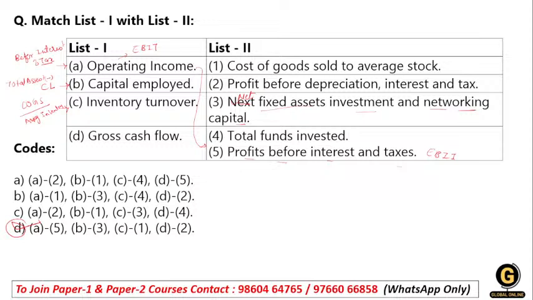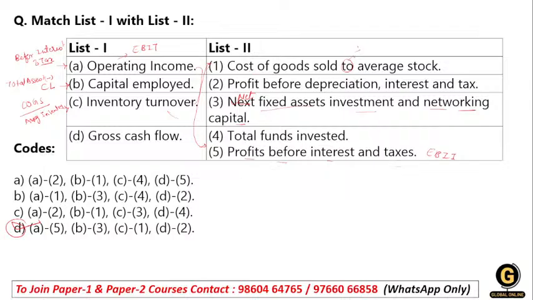So you can easily match inventory turnover: cost of goods sold divided by average stock. This is the way you calculate it.